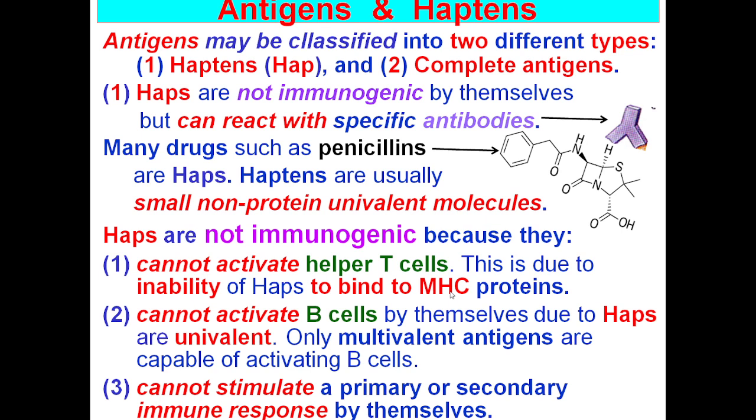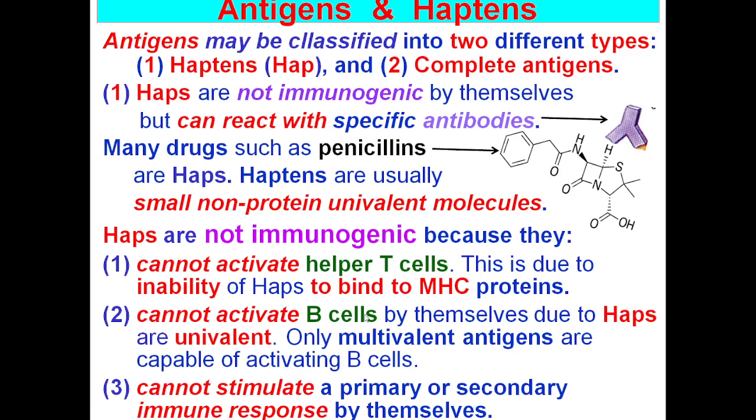Second, why haptens are not immunogenic? Second option, haptens cannot activate B cells by themselves due to the haptens are univalent. It means that penicillin molecule has only one part of the molecule that may be recognized by antibody, not more. One, it means univalent, one unit of antigenicity is not enough to activate B cells.